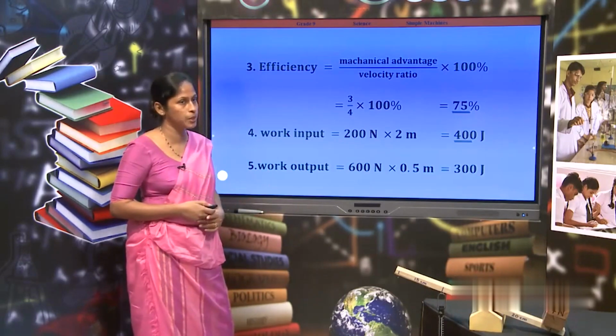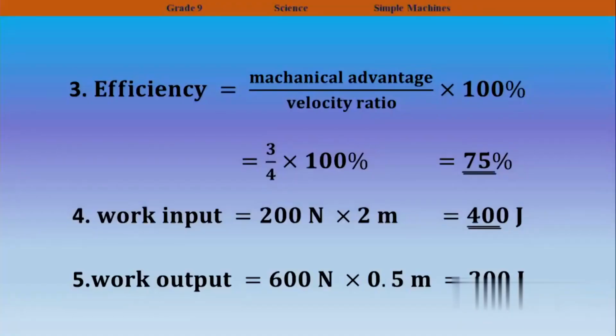Finally, my last question is to calculate work output. To calculate the work output, you should multiply load and the displacement of load. This time I used the displacement in meters. There is a reason, because look at the last answer, that is expressed in joules.